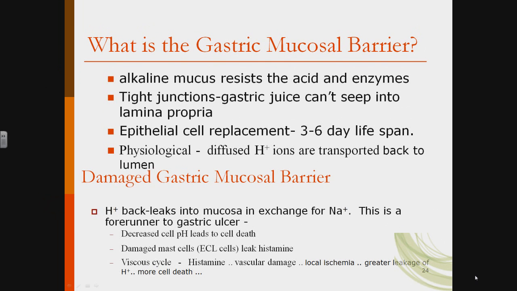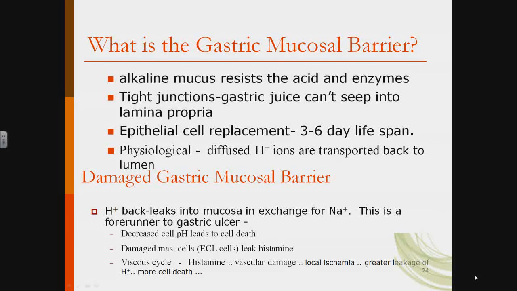If our gastric mucosal barrier is damaged, the biggest problem is the hydrogen back leaks, diffuses back into the mucosa in exchange for sodium. And this is actually the precursor to gastric ulcers. When hydrogen back leaks into the cell, pH declines. This leads to cell death.